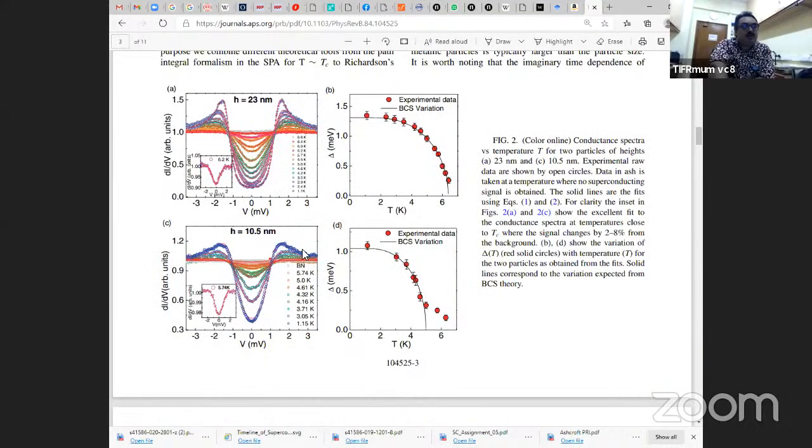But when I come to 10 nanometers, look at what happens. It follows BCS, and then it forms a tail, and it does not vanish up to a temperature which is much higher than Tc. This is already more than a Kelvin above Tc.